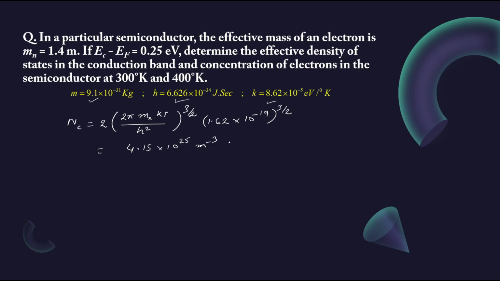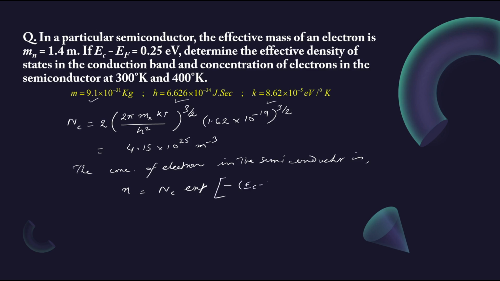Now, to determine the concentration of electrons in the semiconductor, it is given as n equals Nc e to the power minus of (EC minus EF) divided by kT.